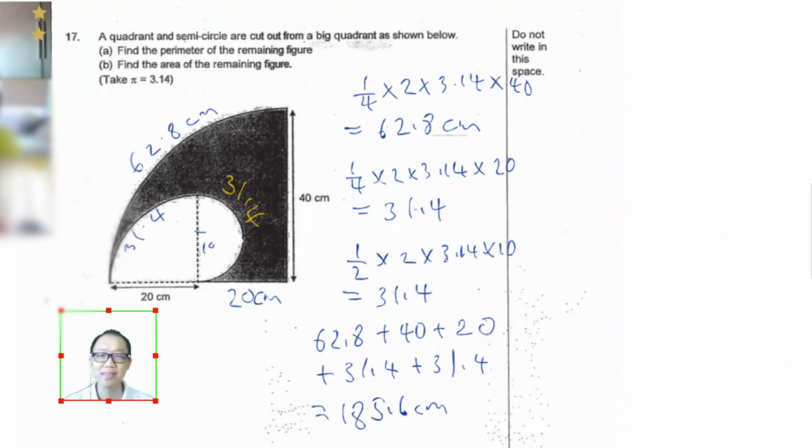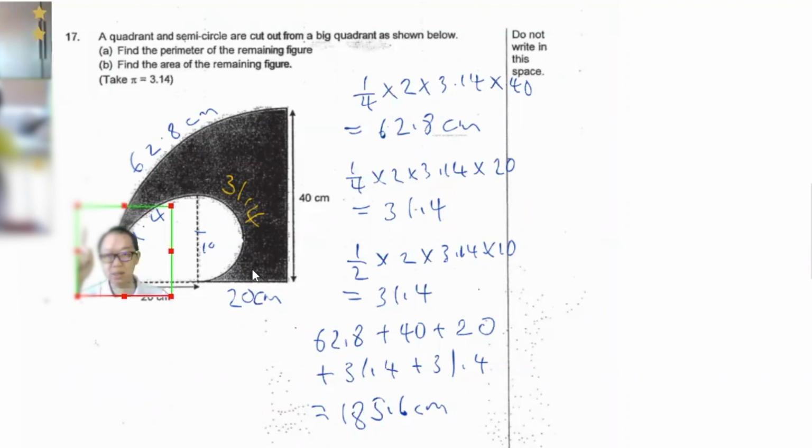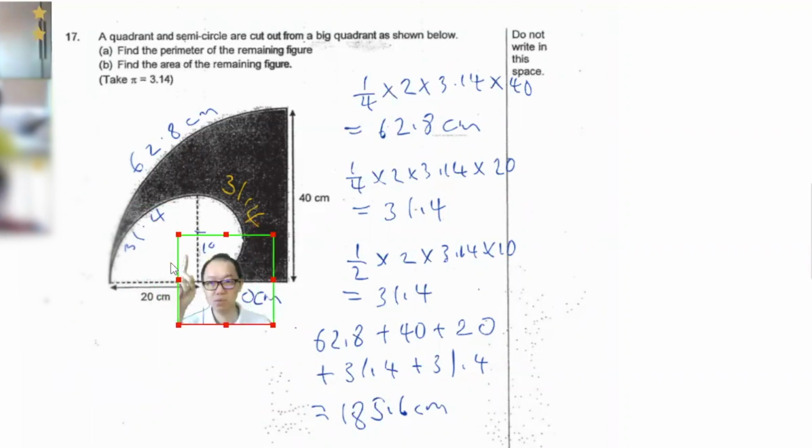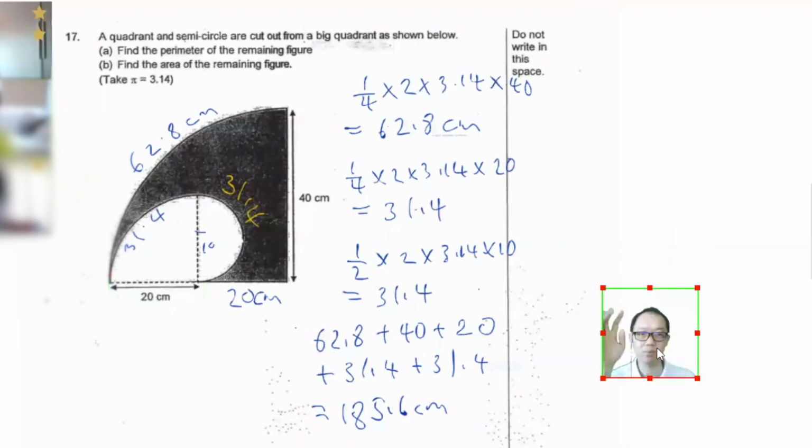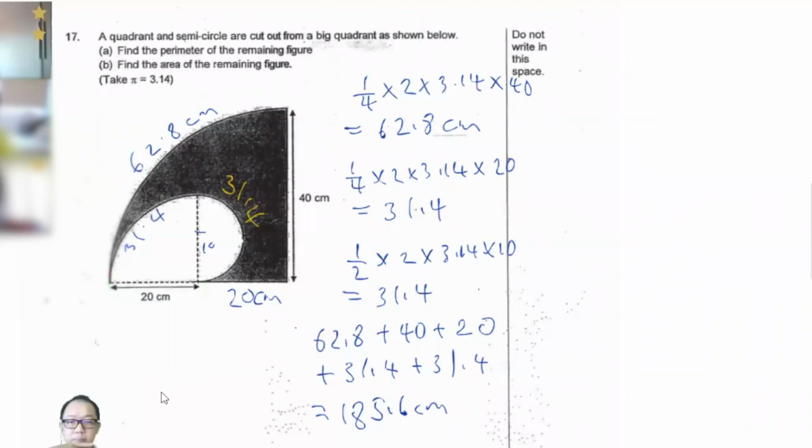Okay. All right. So next, the next question is only 2 marks. To find the area of the remaining figure. Now, for you to find the remaining figure, the strategy is to take the big one minus the small one. Okay. There's a big quadrant. Take away these two. Big one minus these two, you get the rest. So I'm going to do the working over here, okay? So let's find the area of the big quadrant. So area of big quadrant, we're going to use red color.